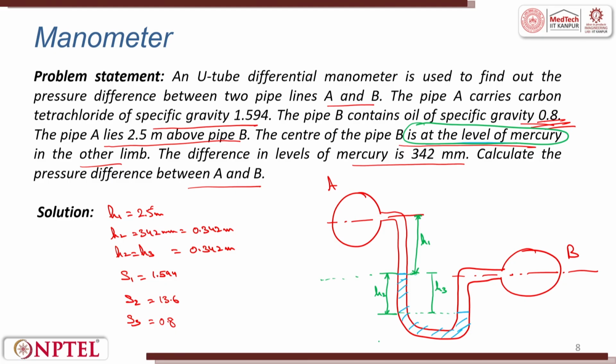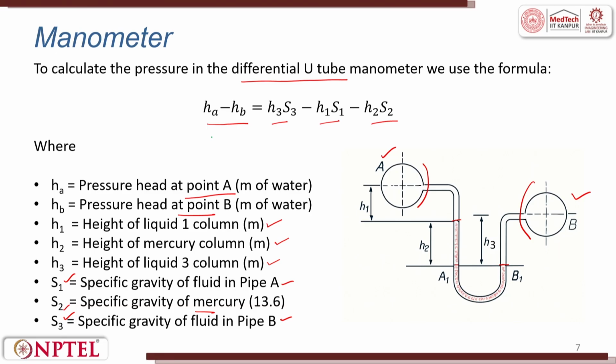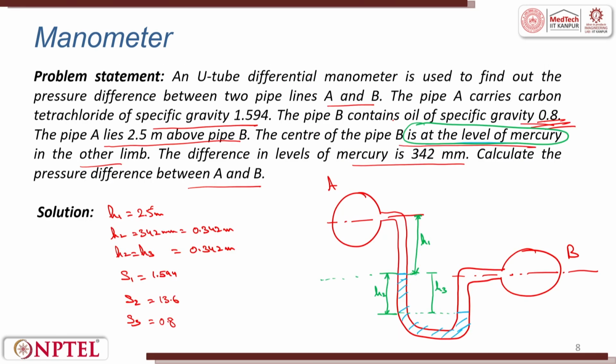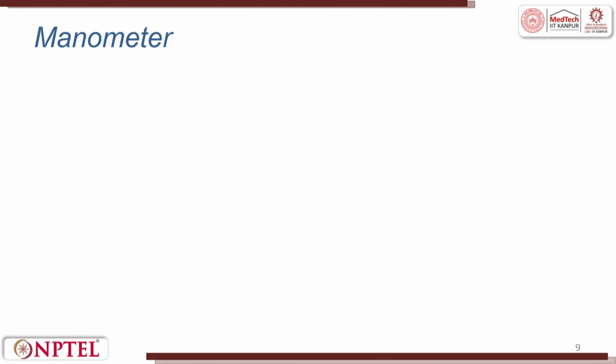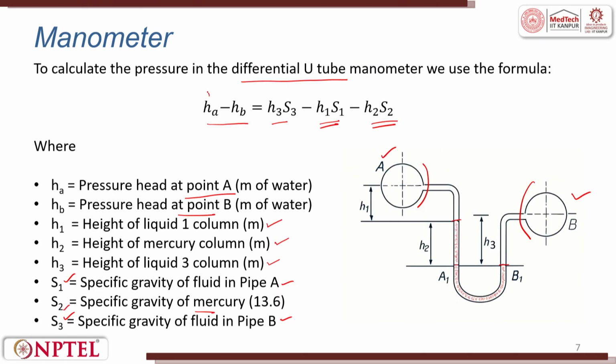So this is a setup. This is A and B. Now I will calculate the difference using the given relation, that is HA minus HB is equal to H3S3 minus H1S1 minus H2S2. So let me directly put the given relation. HA plus H1S1 plus H2S2 is equal to HB plus H3S3, which means the relation was derived from this formula only, HA minus HB, this relation.